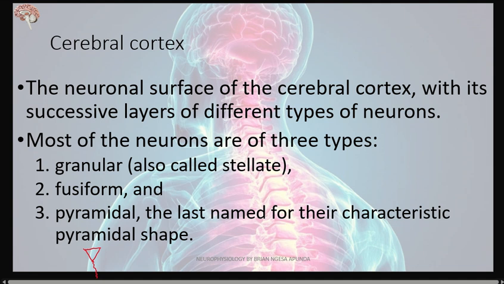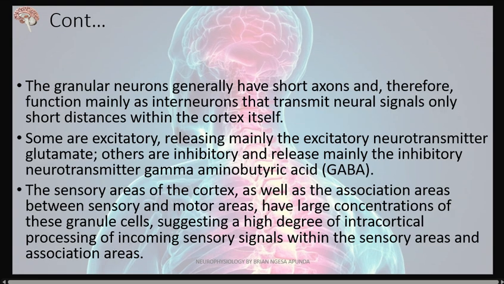Remember, in the spinal cord, we talked of interneurons. If you translate that to the cerebral cortex, the granular neurons can be equated to the interneurons. This means that the granular neurons act as connectors. Connection is very important in this area of the cerebral cortex.